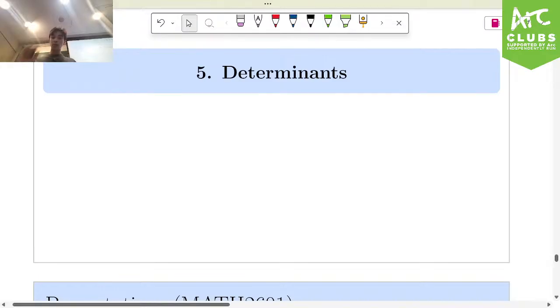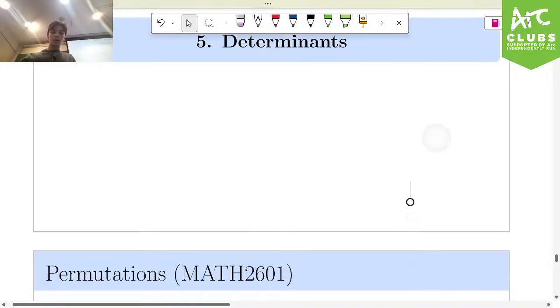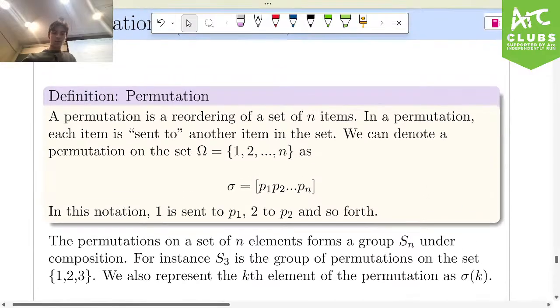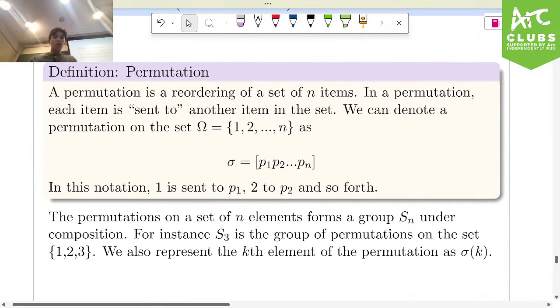Okay, finally onto the next topic, determinants, the last topic for this seminar, which we'll have to speed through. We start with the definition of a permutation, right? A more rigorous definition than we heard before. We now define it as a bijection from a set to itself.